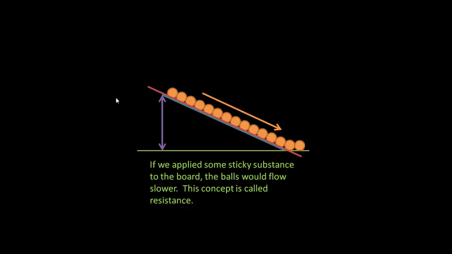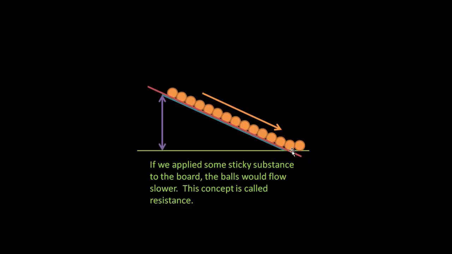Another concept we've got to learn here is called resistance. So if we applied this red layer on top of our board here, and this red layer was, let's just say something like tar or honey or some glue, and then we raised this thing up so that we had potential on one end, more so than the other, the balls would start flowing, but because we've got this red substance applied to this board, the balls would flow much slower.